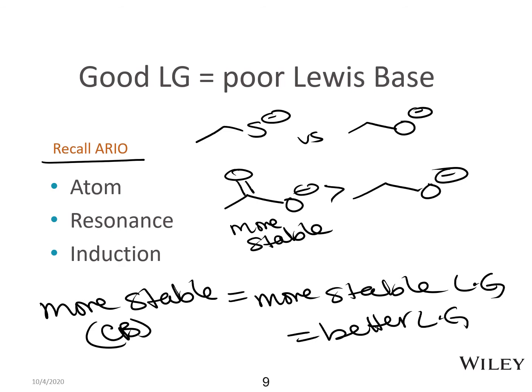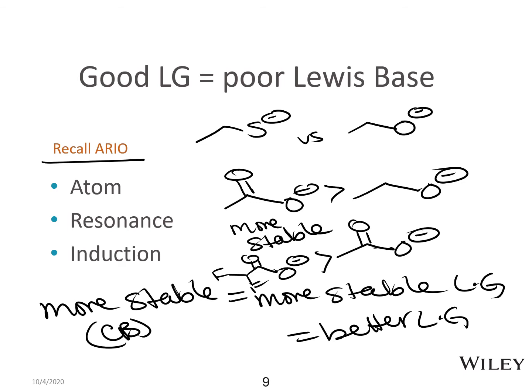So this is a better leaving group. The next thing is if we're talking about induction. If I were to compare this leaving group versus this leaving group, the fluorines would make me more stable, and so that would be an even better leaving group.